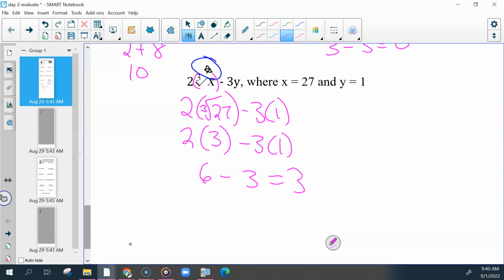You do have one Khan Academy for evaluating that is due next Friday. So you have a whole week to do that one. So after you do these two, if you've already done the ones that are due tomorrow, you could work on that one. If you haven't done the ones that are due tomorrow, you could be working on that. Okay? So these two problems, and then whichever Khan Academies you need or want.